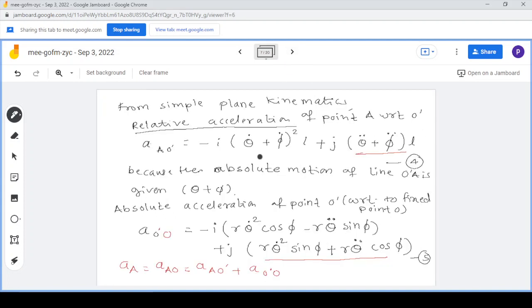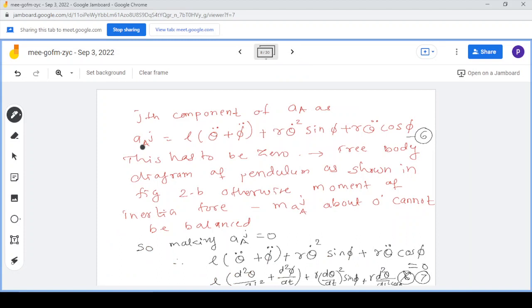Then we obtain the relative acceleration of point A with respect to O dash. Then we obtain the absolute acceleration of point O dash with respect to O. Then we obtain the acceleration of A with respect to O, which is the addition of the relative and absolute.